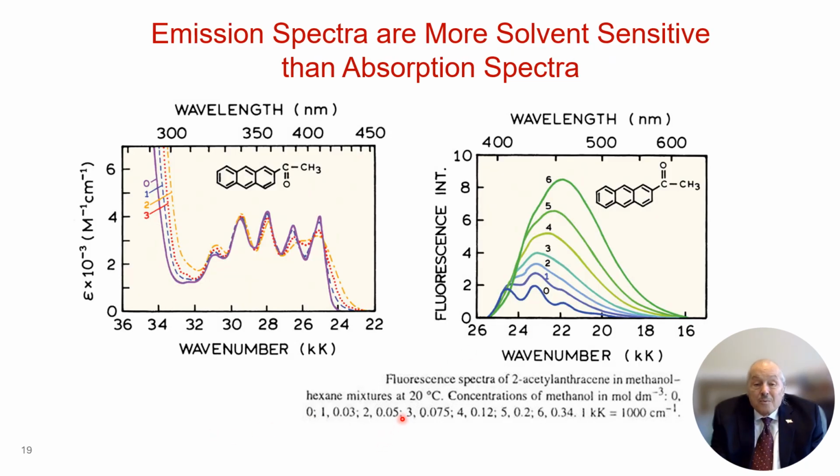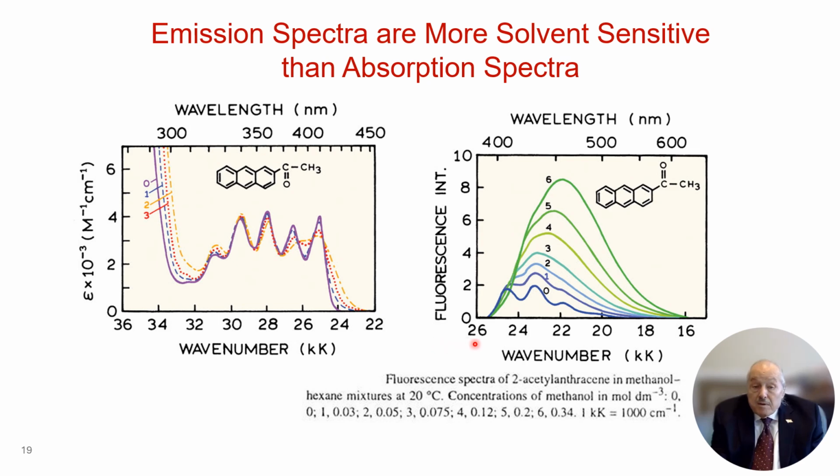And I don't know why I always like this example, but I've used it several times. It's a molecule that shows very stark specific and general effects. In general, the ground states are not very much affected by those small changes in polarity, because you don't have any of these increased dipole moments yet.